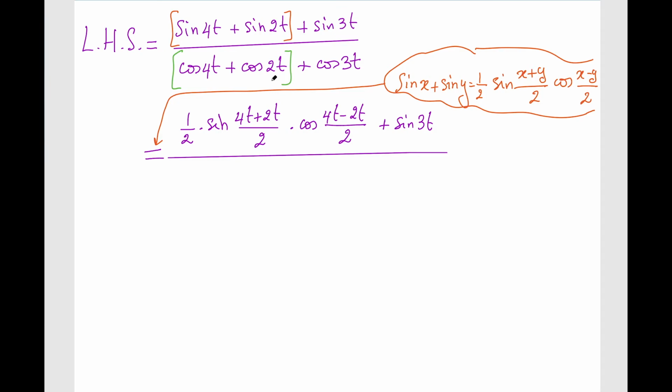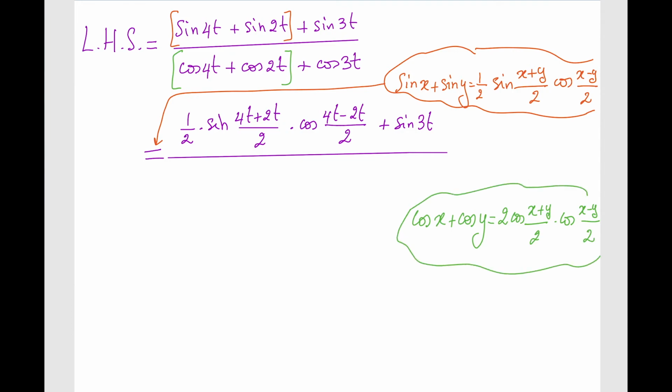Cosine of x plus cosine of y happens to be twice cosine of (x plus y) over 2 times cosine of the difference over 2. Correct? So I'm using this for the denominator.